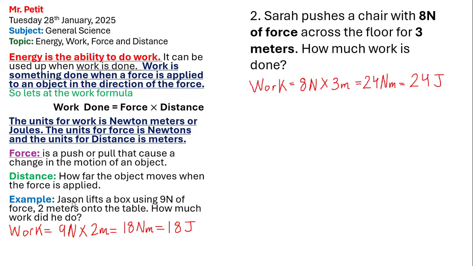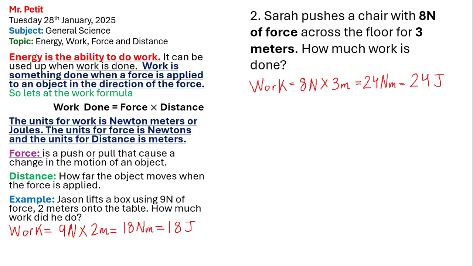Go ahead and read this one. Example number 2. Jason lifts a box using 9 newtons of force 2 meters onto the table. How much work did he do? How are we going to get this? 9 newtons times 2 meters. Very good.